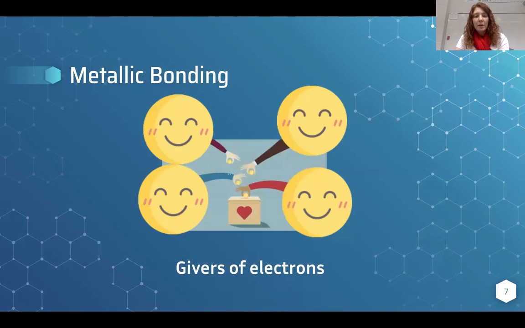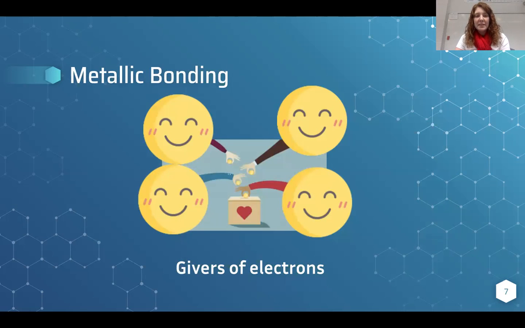Well, with metallic bonds, all metals are givers of electrons, just like our sodium, who wanted to get rid of his electron or propose to chlorine. All of the metals want to give their electrons. They're all going to be donating those electrons away.